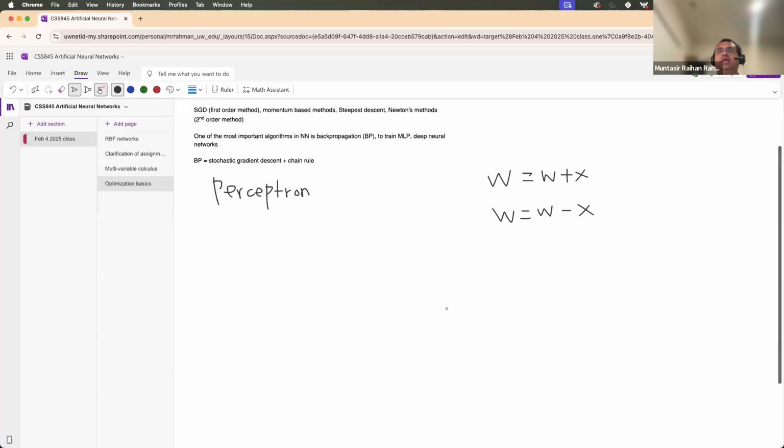So let's think about this. Universally in machine learning, the way we think about optimization is we first define a loss function, right? So let's say we have a classification problem like this, where we're trying to find this boundary, right?